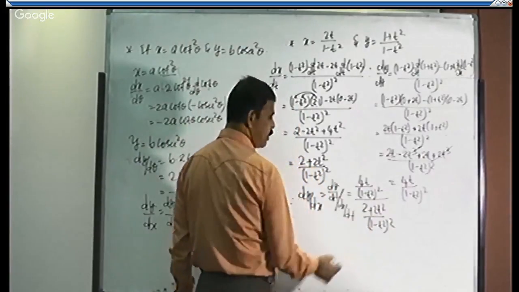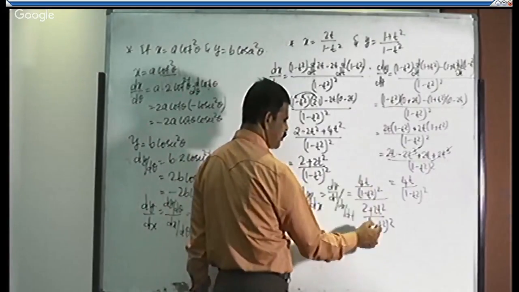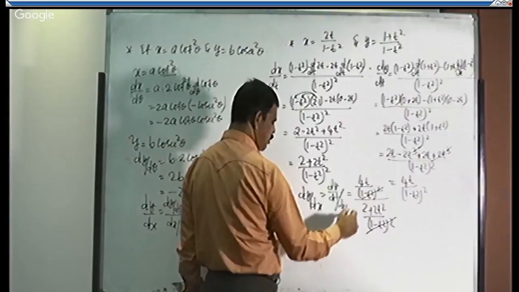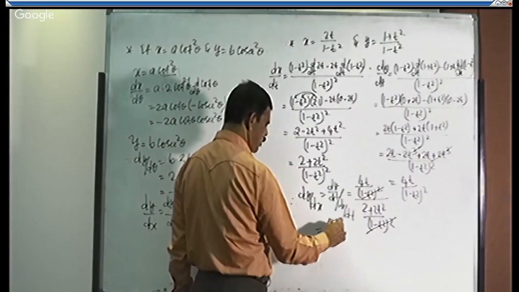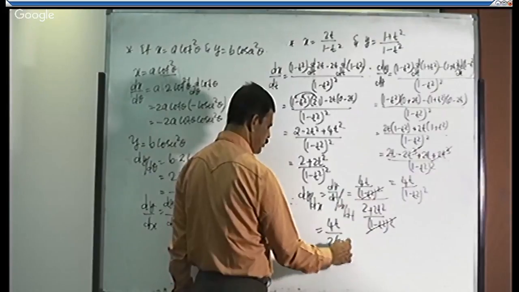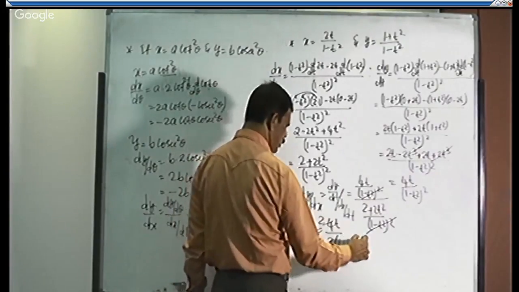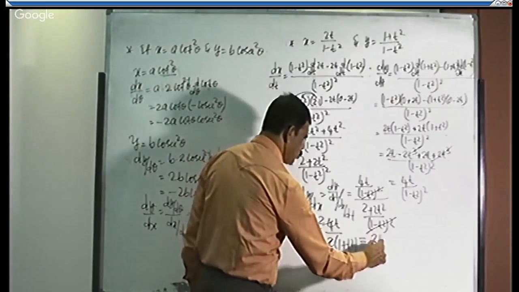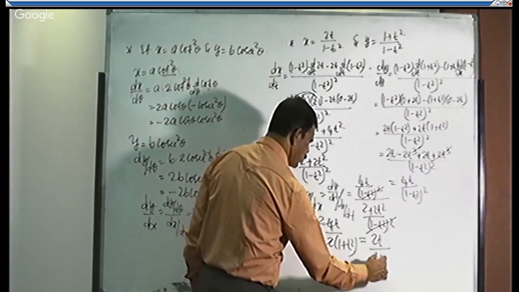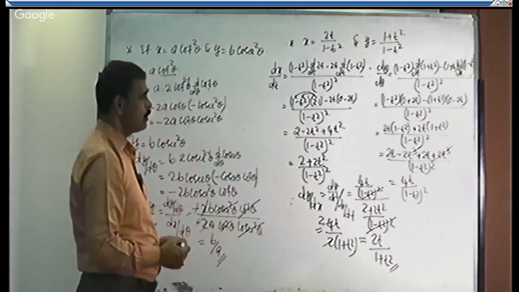See, the denominators in both numerator and denominator are the same, they get cancelled. What is remaining? 4t by 2 plus 2t square. Take 2 common, it is 1 plus t square, right? 2 ones are 2, 2t, 2 twos are 4. Finally, it is 2t divided by 1 plus t square, right?